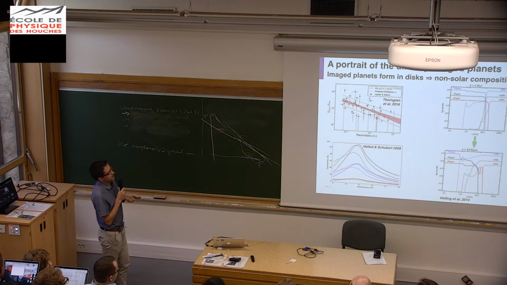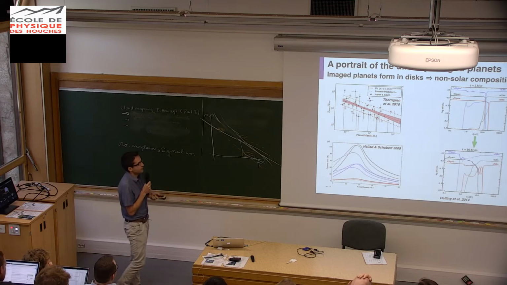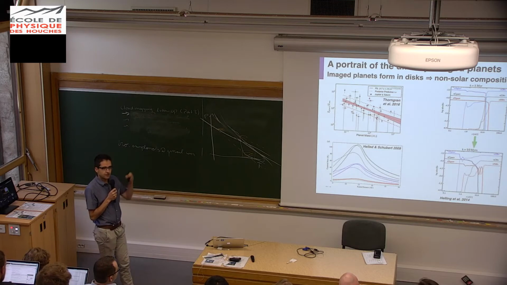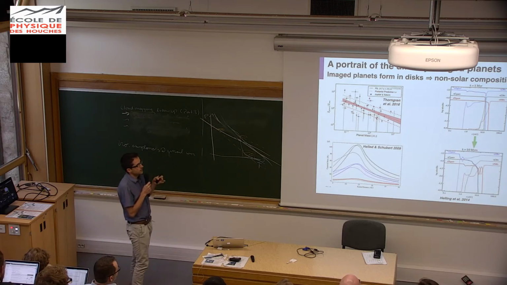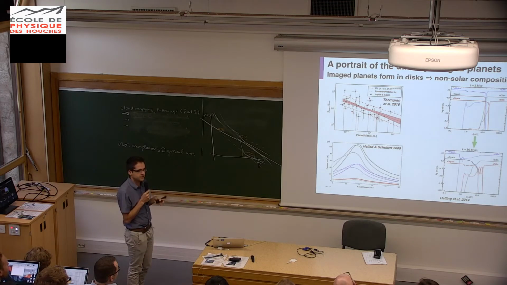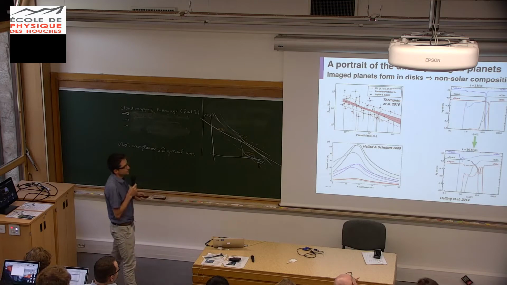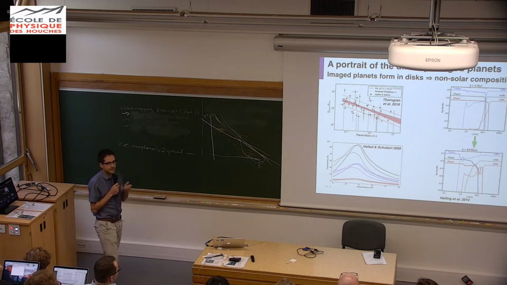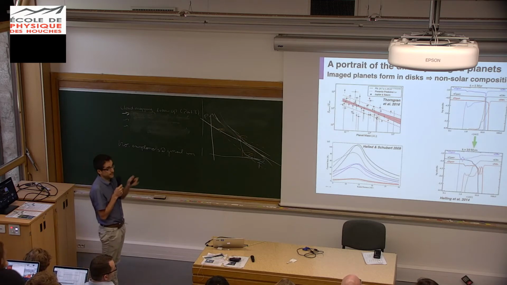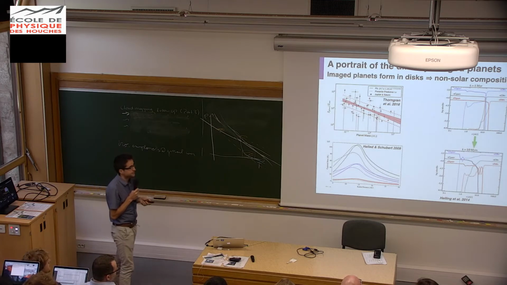And finally, planets that are formed at large separation will be formed typically after the snow line, in between the CO and CO2 snow lines, or even beyond these two snow lines. So this has some implication for the composition of the material that is accreted during the runaway accretion phase, typically in the envelope of the planet.